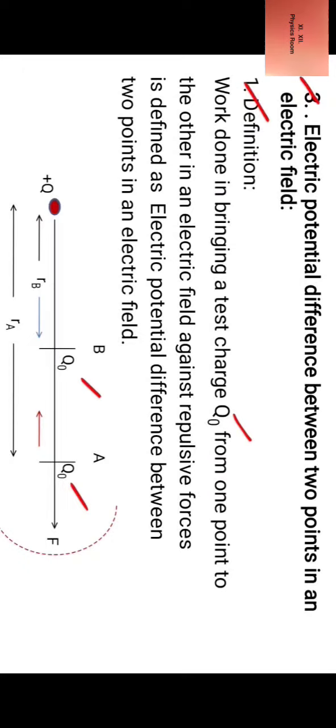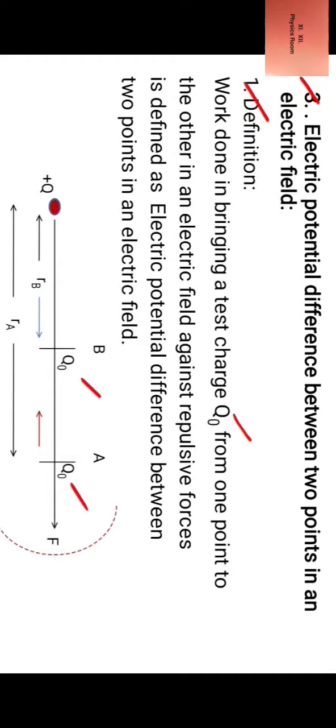You look at the diagram. So here is any charge plus Q lying in any region of space. As a red color shows the plus Q, and a test charge Q0 is at point A at any instant of time.